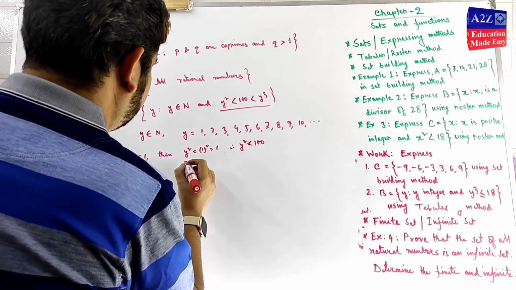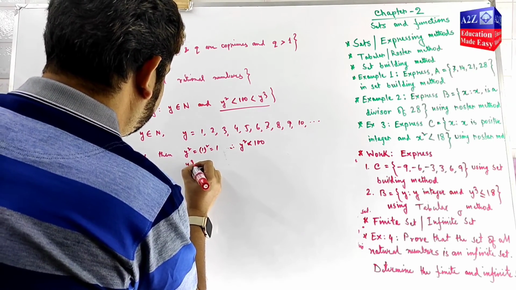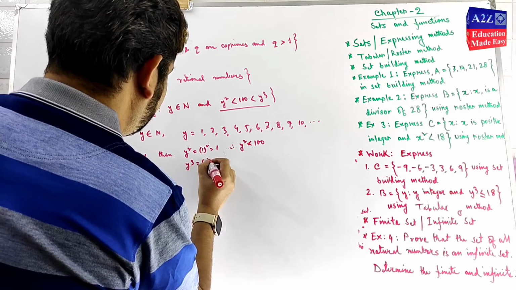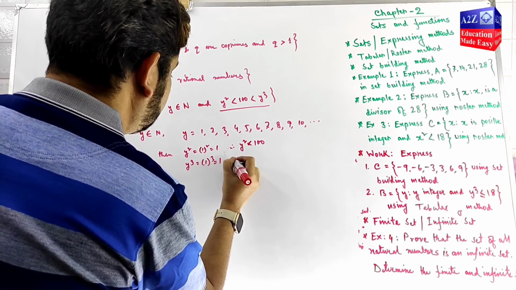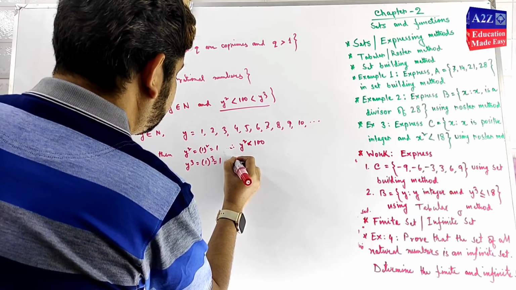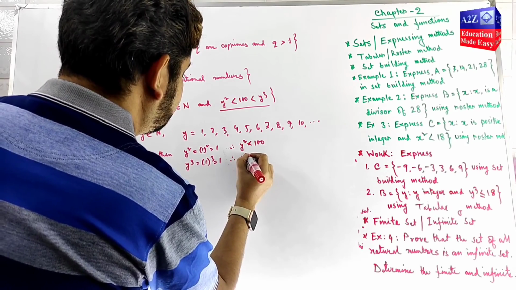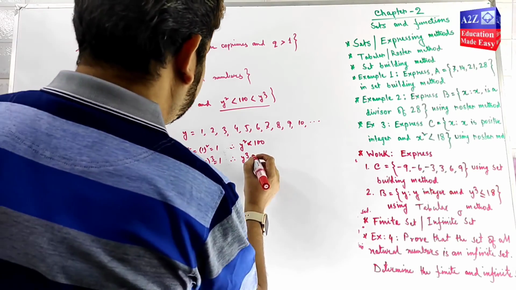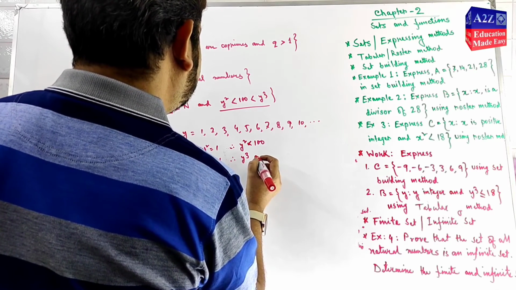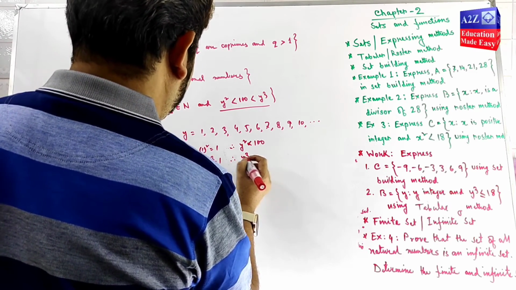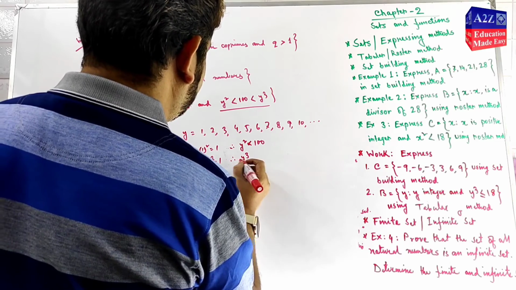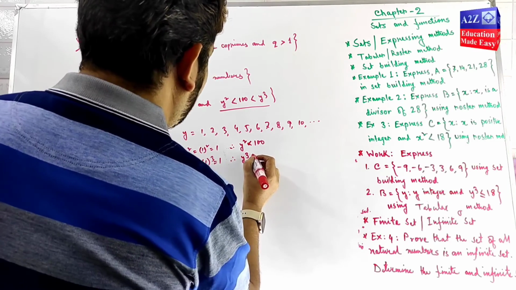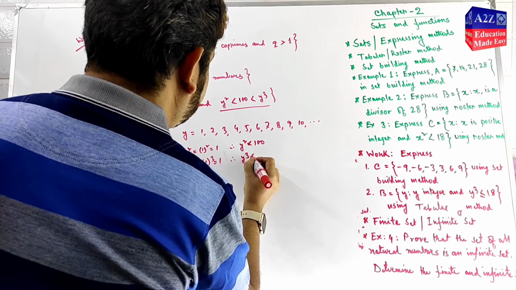Okay, now I will test y cube. Y cube means 1 cube, which means 1. Is it greater than 100? No, this is 1. 1 cannot be greater than 100. So y cube is less than 100.